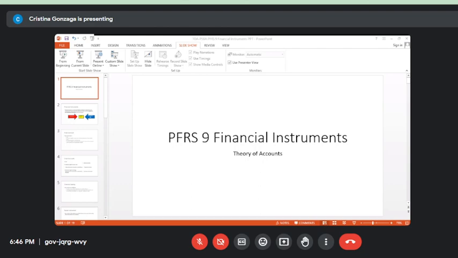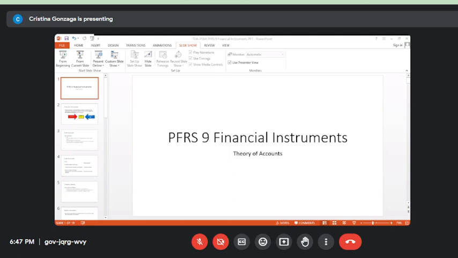Lahat ng mga instruments na ito dadaan dun sa two types of test, except those that fail, mamaya makikita nyo dun sa table na ipapakita ko sa inyo.